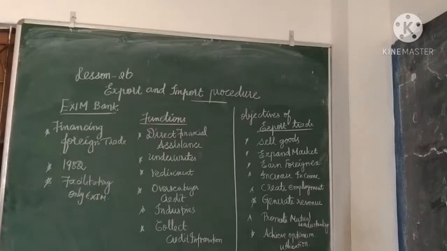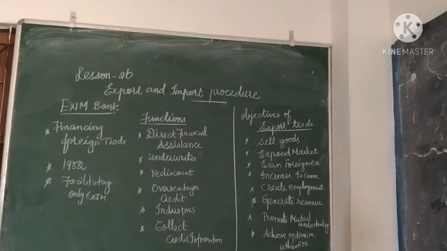And also it underwrites the shares, debentures and bonds of the companies engaged in exports. Which companies? That company's shares, bonds, debentures, everything will be underwritten. Underwrite means it will purchase. The bank will purchase the shares of the export company.